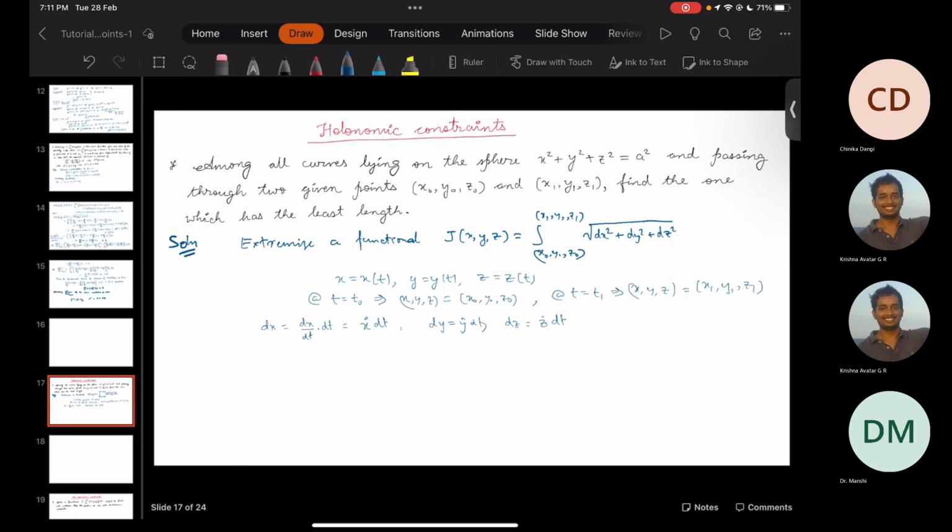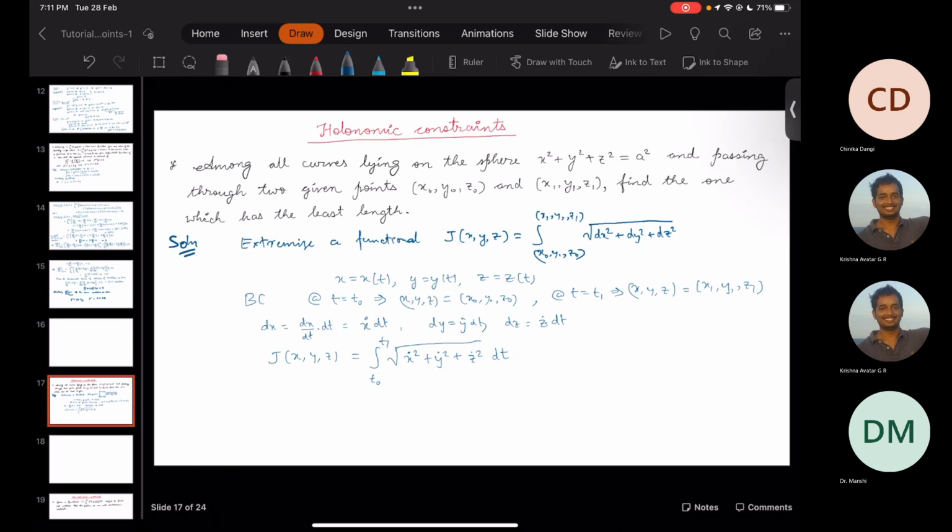So our functional here becomes J of x, y, z, from t naught to t1, the integral of the square root of x dot squared plus y dot squared plus z dot squared dt, right? Okay, so this was our functional, and we have also laid down our boundary points.